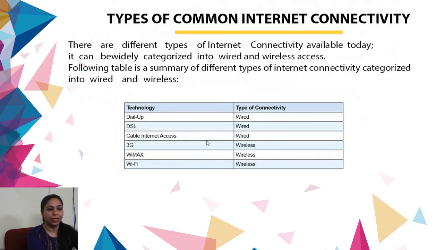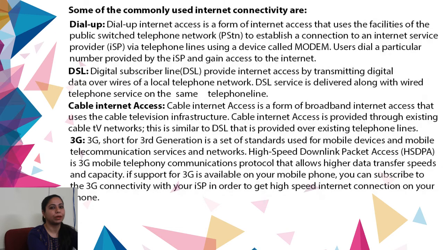DSL is wired. Cable internet access is wired. 3G is wireless, WiMAX is wireless, and Wi-Fi, you all know, is wireless. Let's see these same technologies further, described and explained in detail.